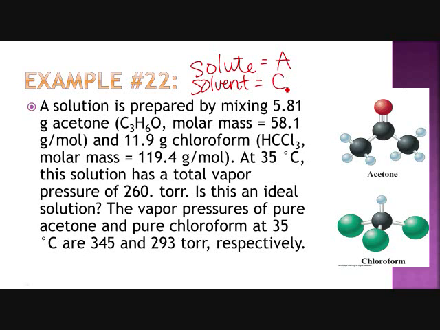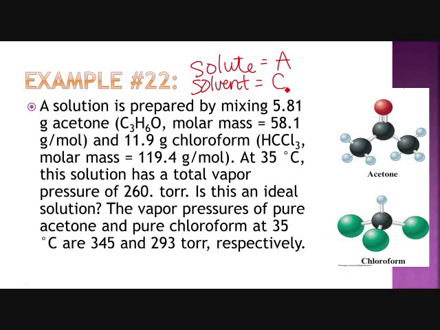Okay? So we are given that there's a total pressure of 260 torr. Is this ideal when you mix them together in these ratios? The vapor pressures of the pure forms are 345 and 293 torr respectively.